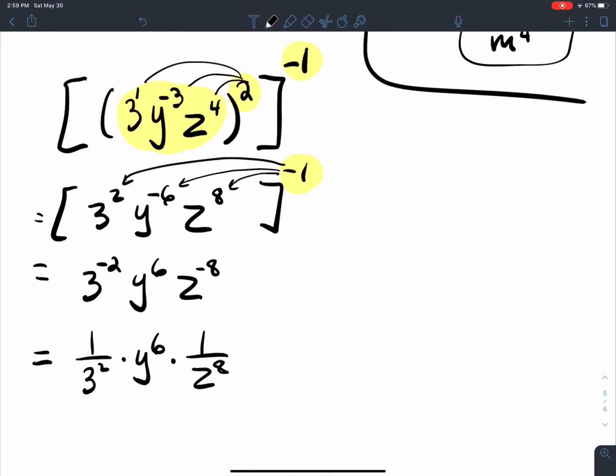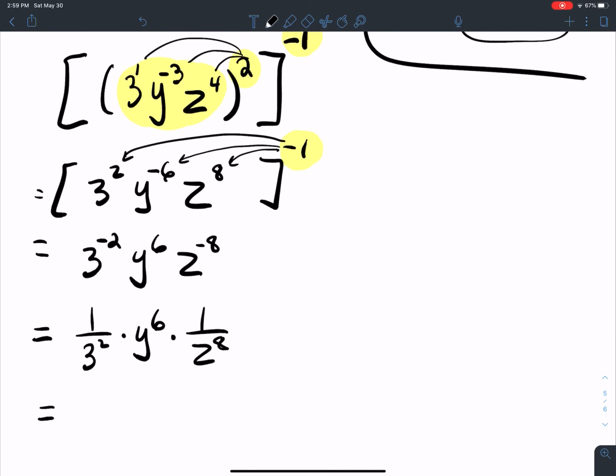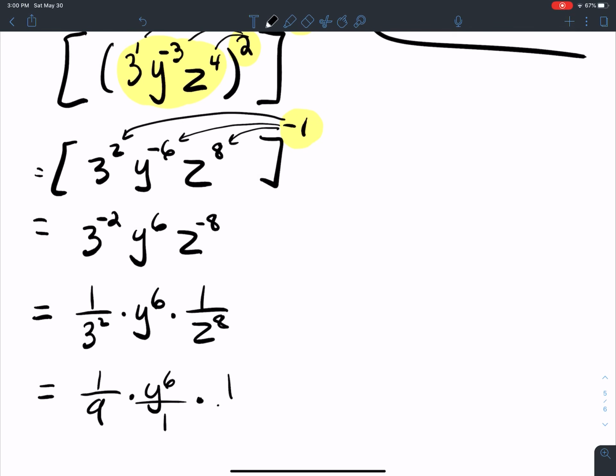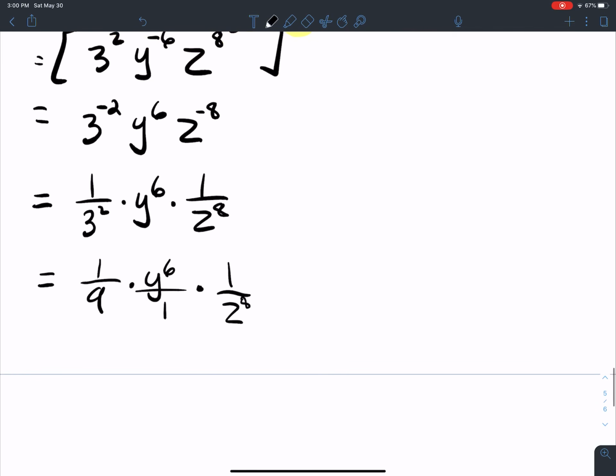Now, that's equal to 1 over 9 times y to the 6. Y to the 6 you can write over 1 if you wanted to. Anything can be divided by 1. It's still itself. And then I have 1 over z to the 8. Now, whenever I multiply fractions, I multiply across the top, the numerator, and then I multiply across the bottom, the denominator.